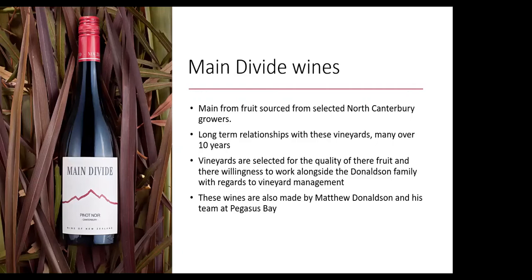So with Main Divide wines, it sounds like a cheesy thing to say, but we're really aiming to over-deliver on the quality of these wines. We're not trying to make just very simple, fruity, typical second label, cheap and cheerful wines. We're aiming to make still really high quality wines that express where they're from. And we put the same amount of love into what we do with them in the winery.